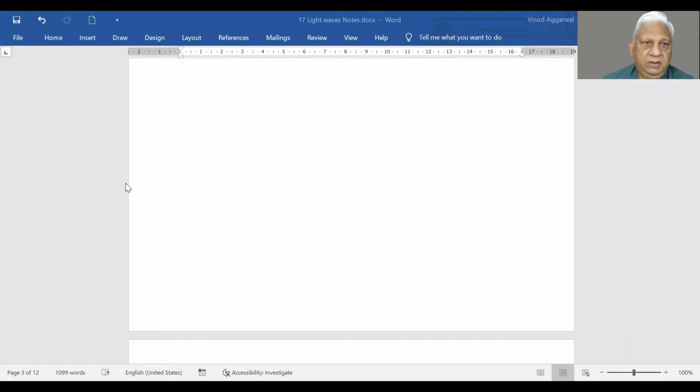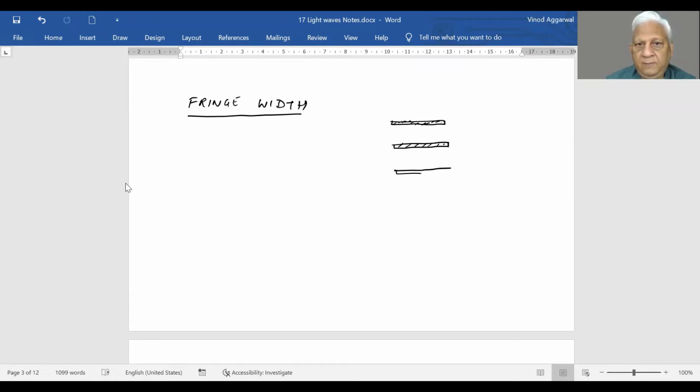Now let's try to calculate fringe width. What is a fringe width? We've already seen that we get fringes like this. There's a dark fringe, then there is a series of dark fringes. It will happen symmetrically about the center line. So this is a dark fringe, this is a dark fringe, this is a dark fringe.